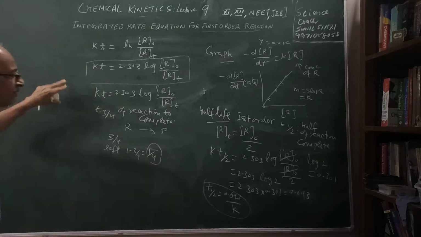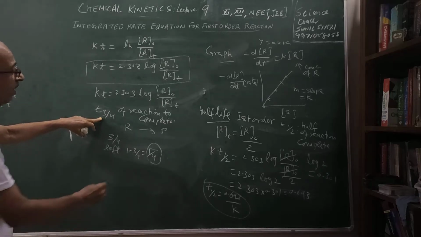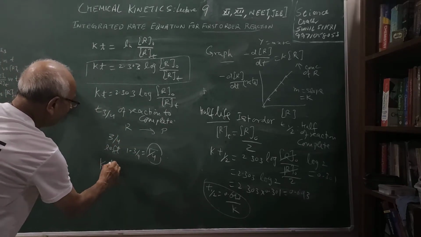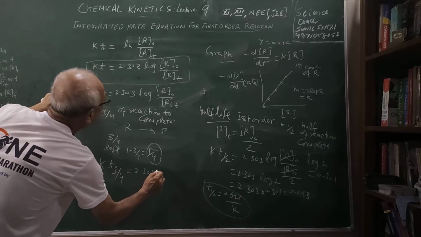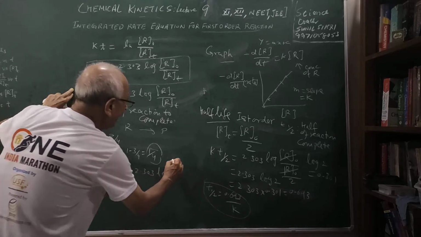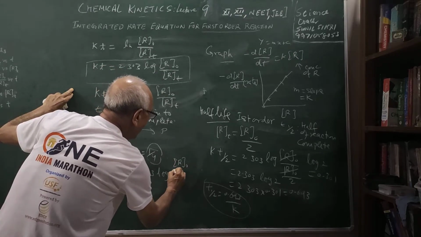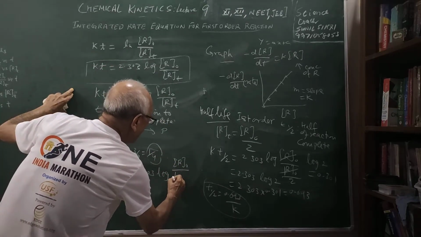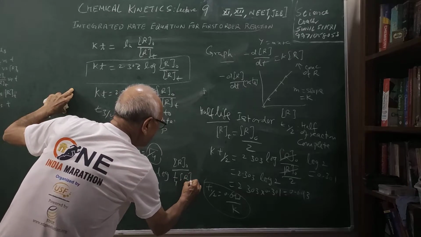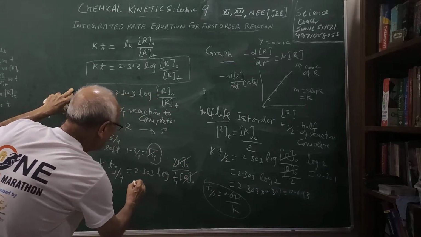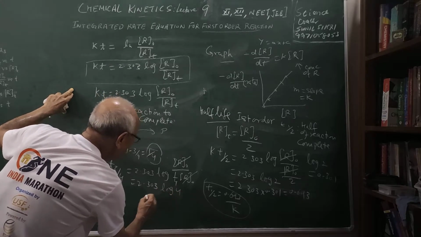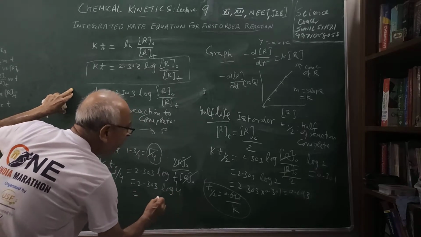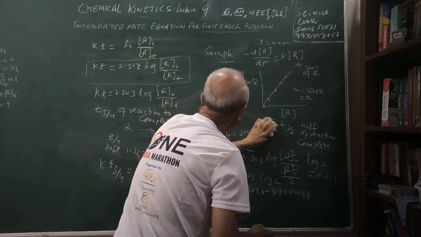So the amount left after 3 by 4 will be 1 by 4. The equation can be written like this. Important for exams, students. So what we are getting is log of R0 over 1 by 4 of R0. This gets cancelled, so you get 2.303 log of 4. Students, you already know how to calculate the value of log of 4.